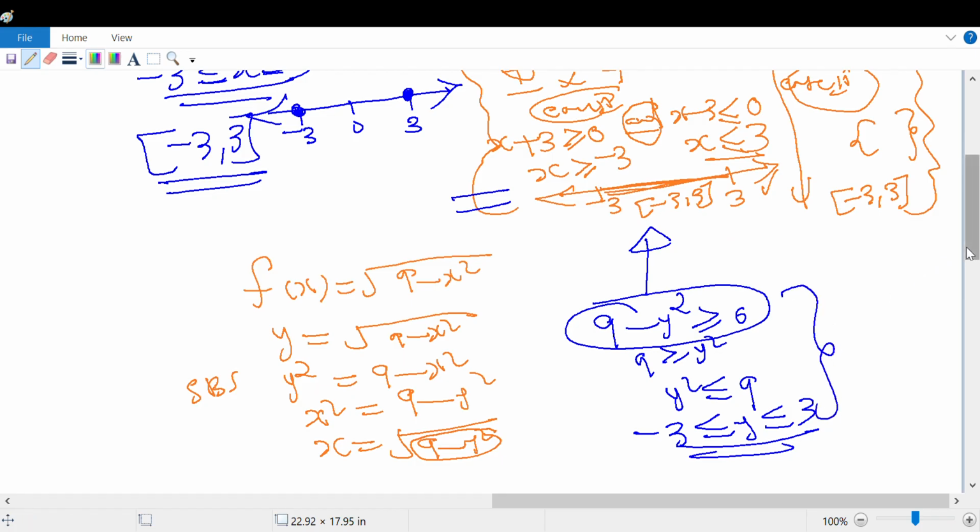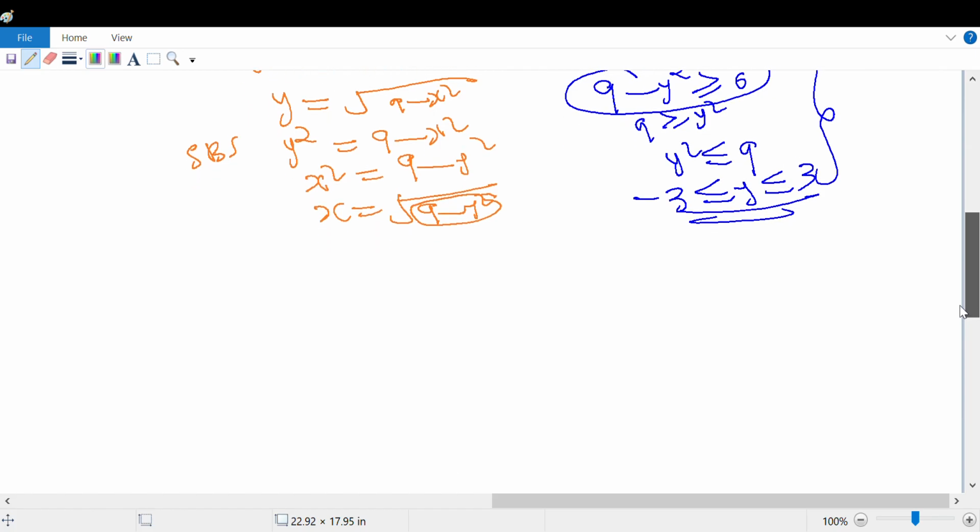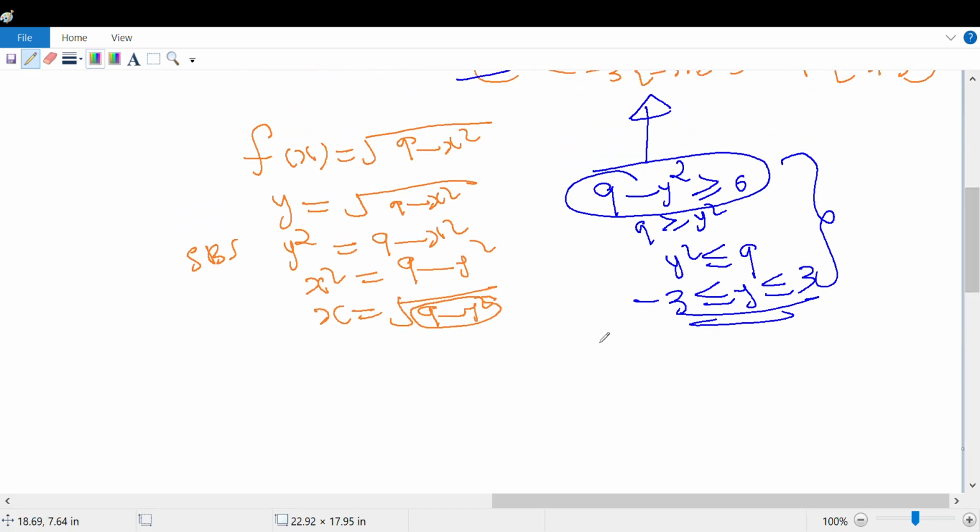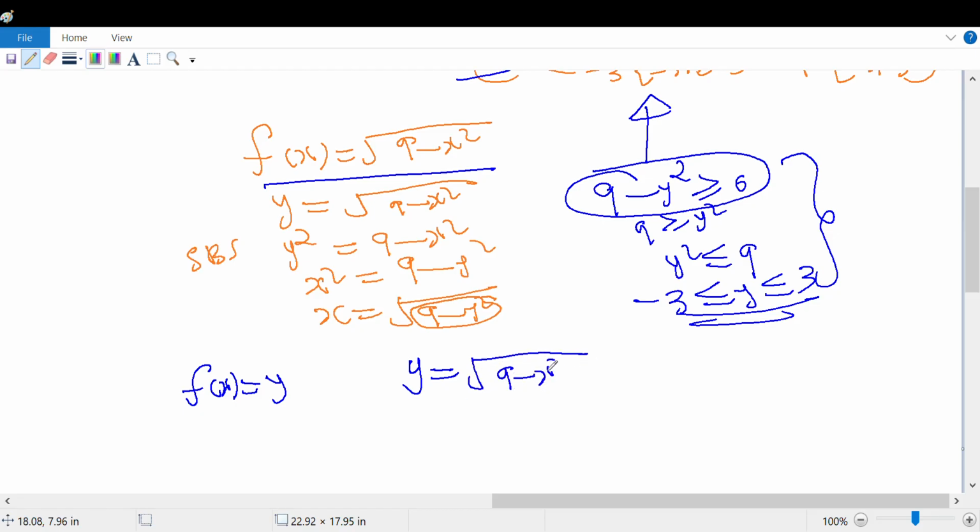But here for writing range, we have another condition also. Because here the question, we know very well, this is f of x equal to root of 9 minus x square. So f of x is equal to y. Function value always will be y value. So y is equal to plus root of 9 minus x square. So this is actually plus root.